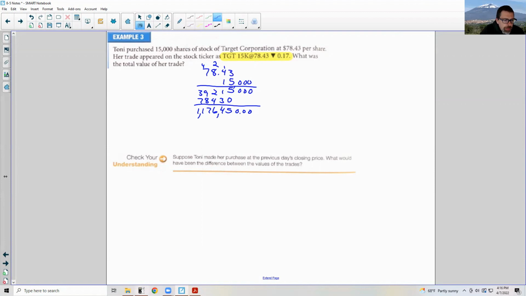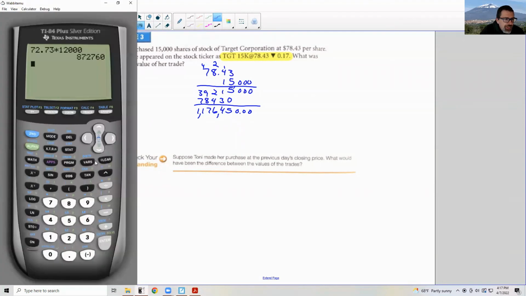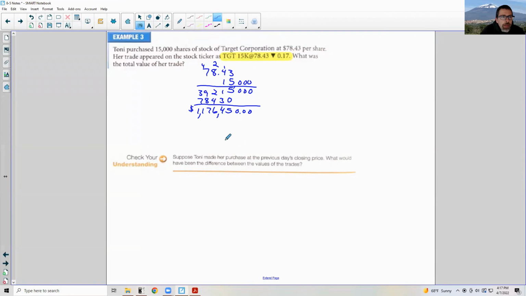Is that right? Let's check this just in case. Big numbers. So we have $78.43 for 1 share. Multiply that by 15,000 and we get 1,176,450. So this is correct. Wow, that's a lot of money.